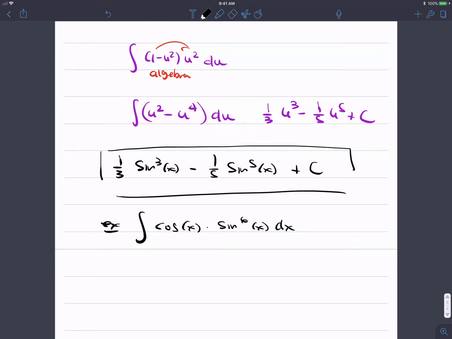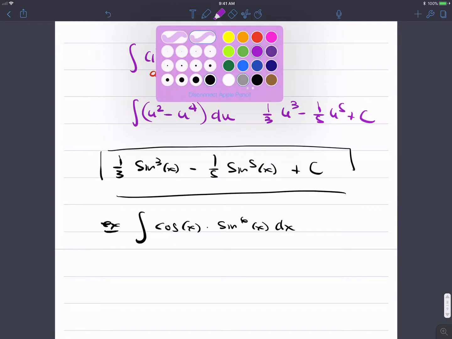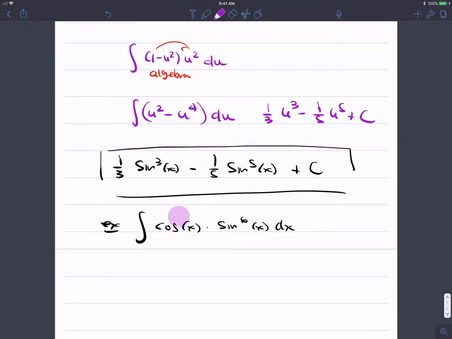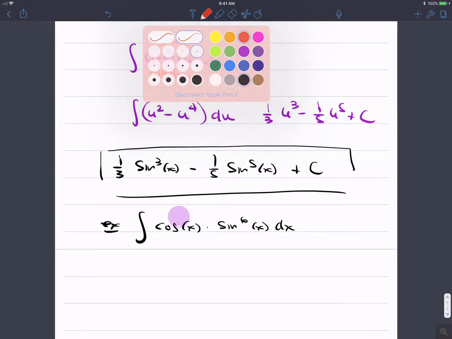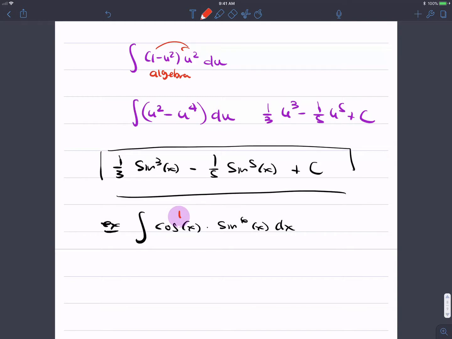Now you're going to notice that even though there is no power written for cosine, the power really is 1, and that 1 is in fact odd.